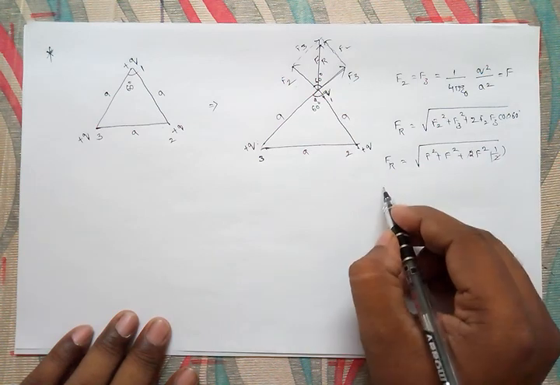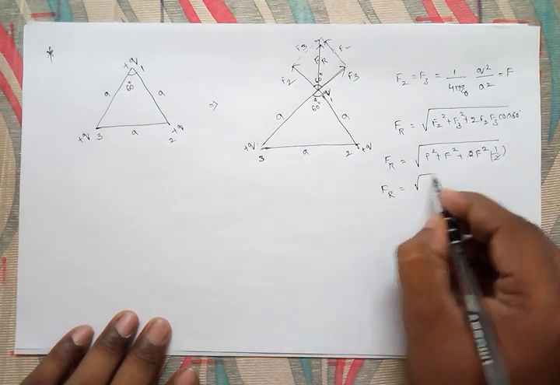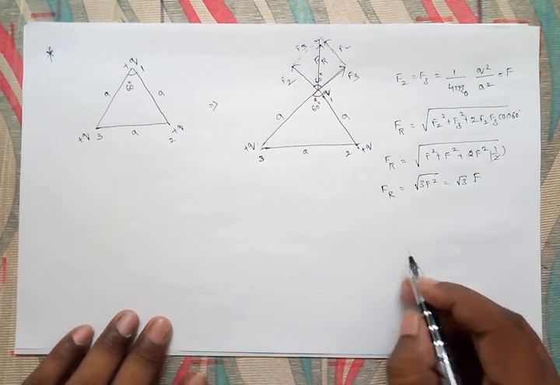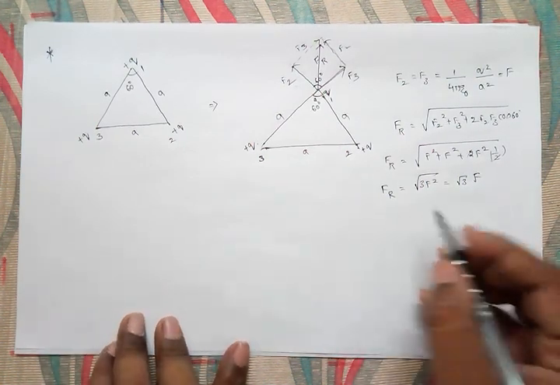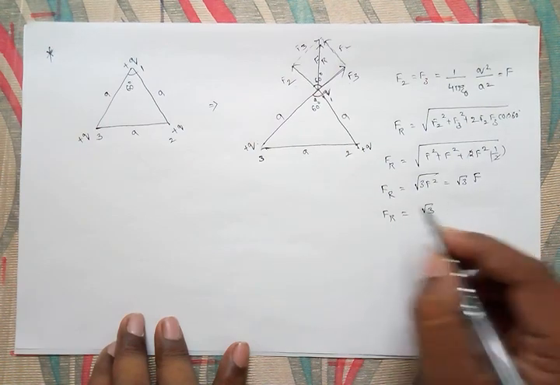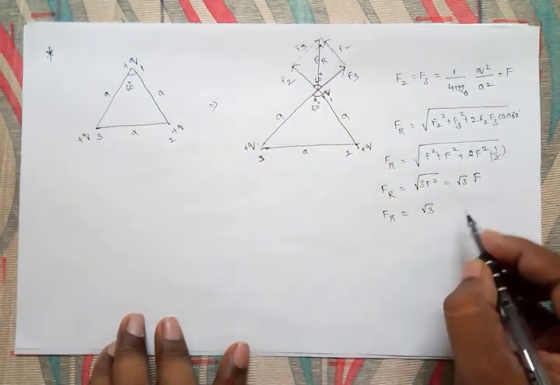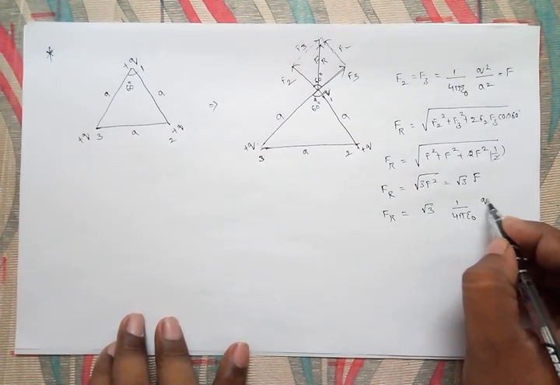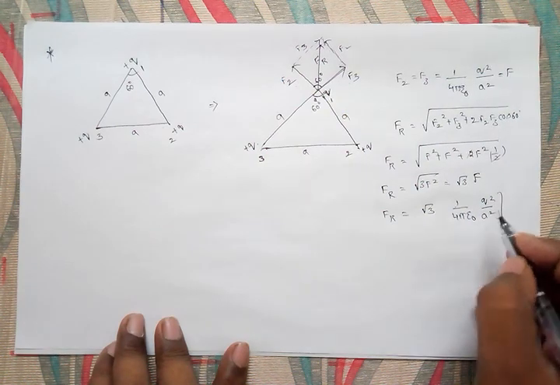Then Fr equals root 3 F square, that is root 3 F. So the resultant force is root 3 times the force exerted by one charge over the other, that is 1 upon 4 pi epsilon naught into q square by a square.